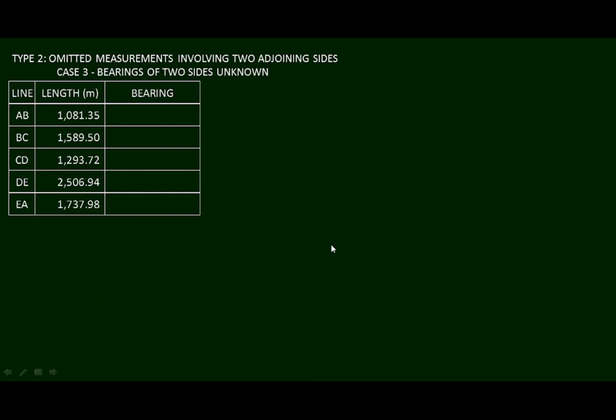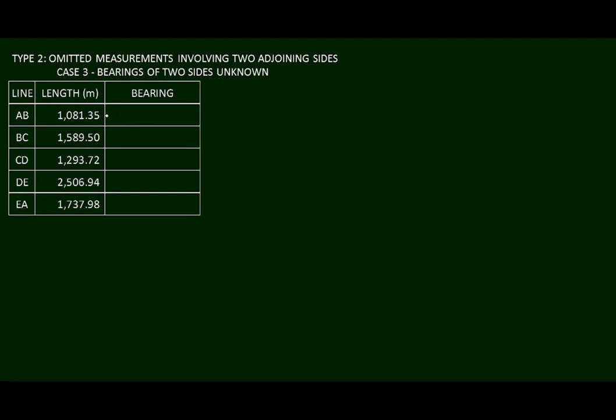Last case under type 2 is case 3, bearings of two sides unknown. So, for this given problem, walang binigay na bearing. Sulat ko lang yung data. Kulang yung ating data.